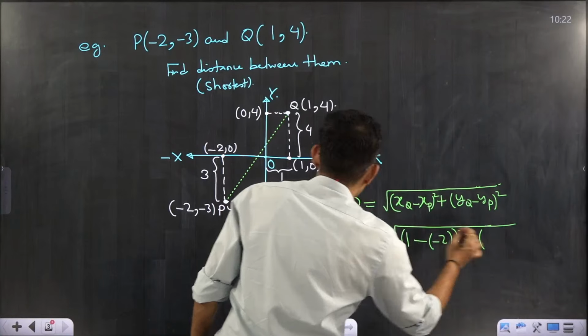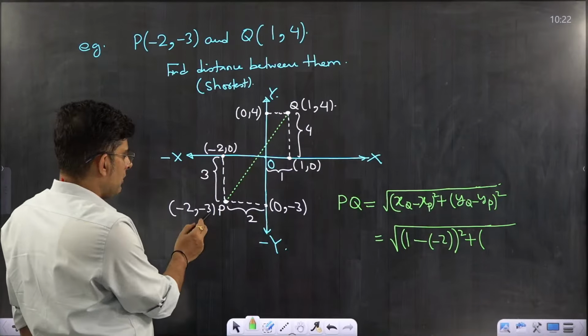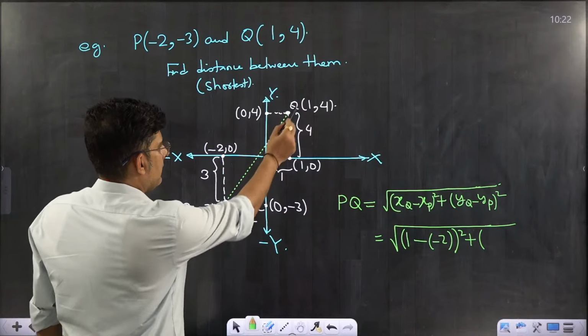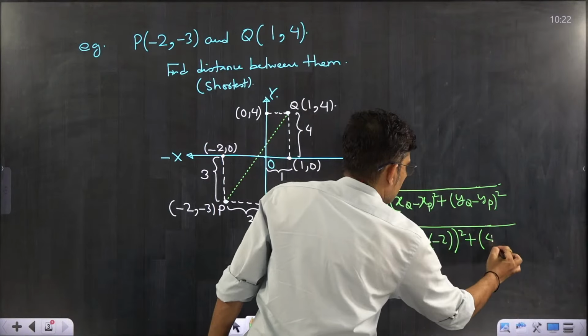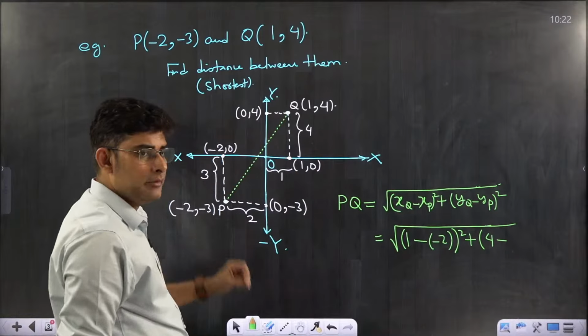Similarly, y for the point q is 4 and y for the point p is -3.